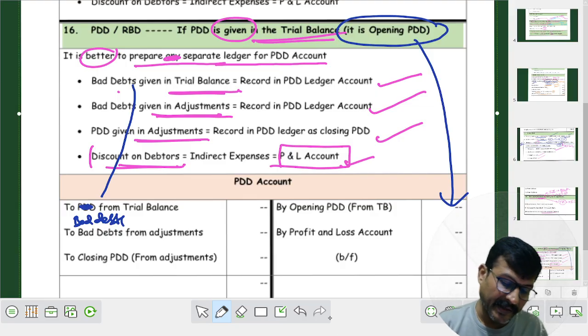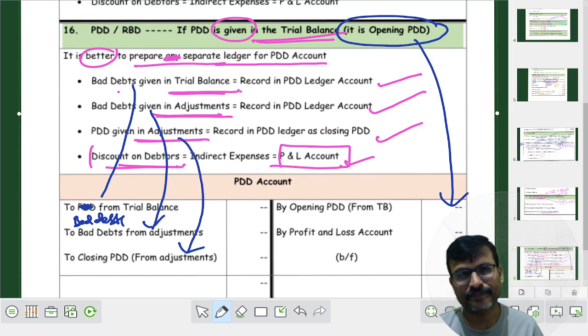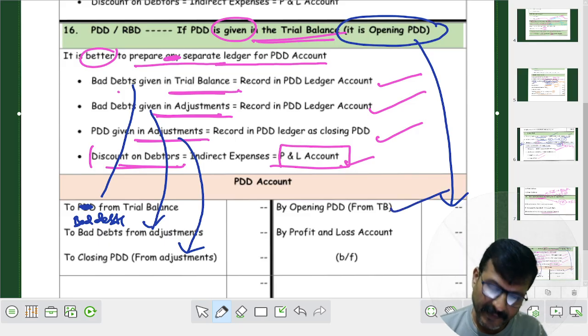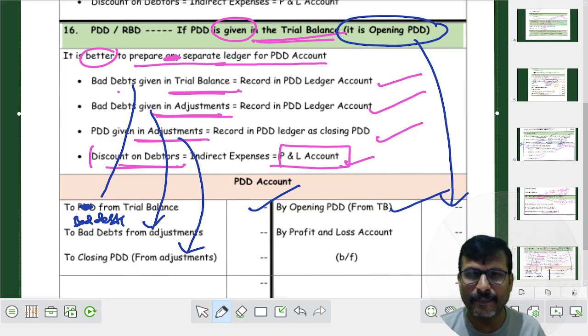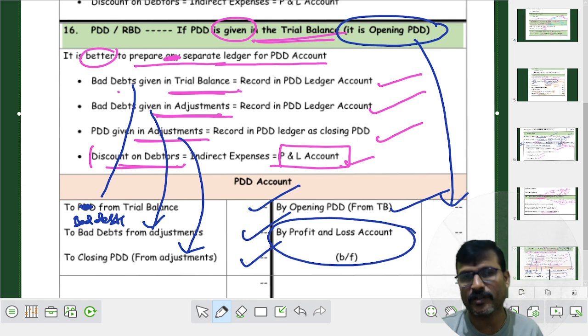Okay. It is bad debts from adjustment. This is your closing PDD. Are you getting my word? Take the opening PDD, take the bad debts from trial balance, take the bad debts from adjustment, take the closing PDD, find out the balance, it goes to the profit and loss account.